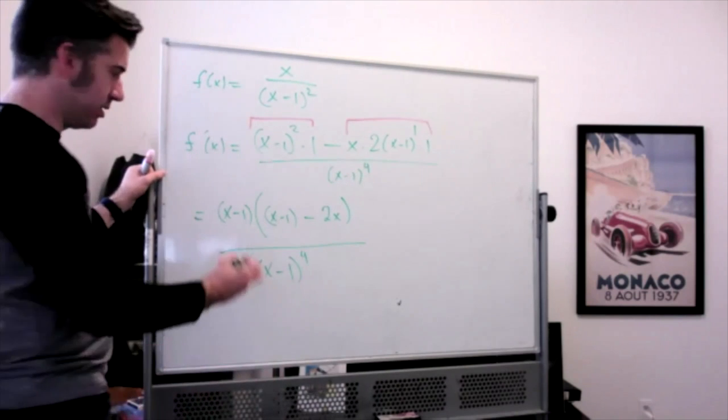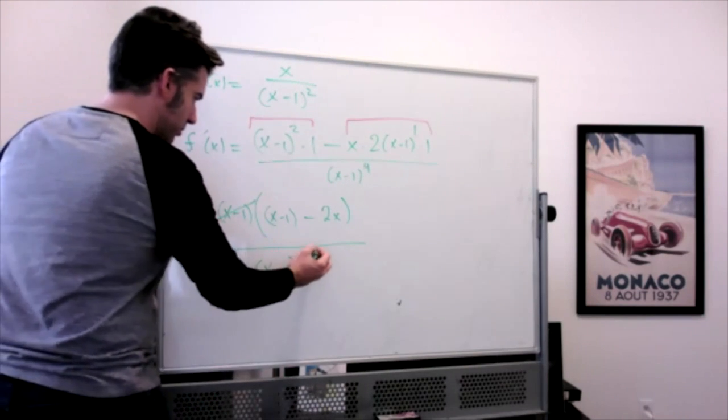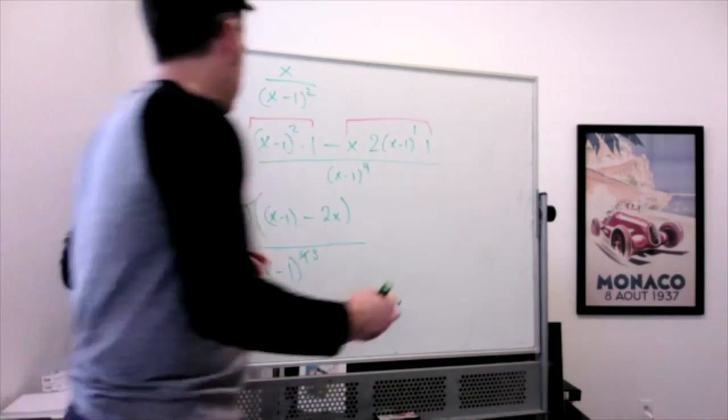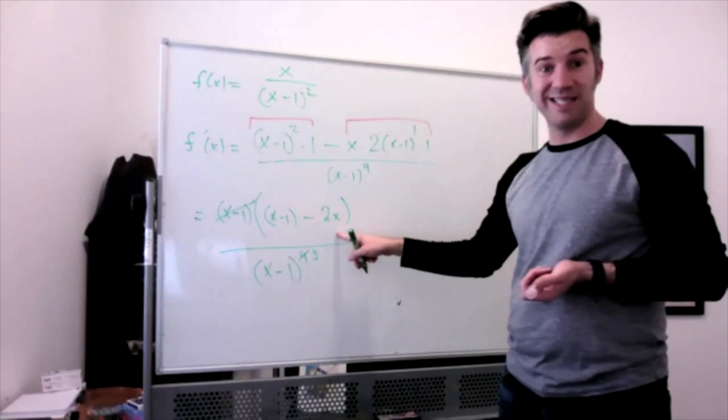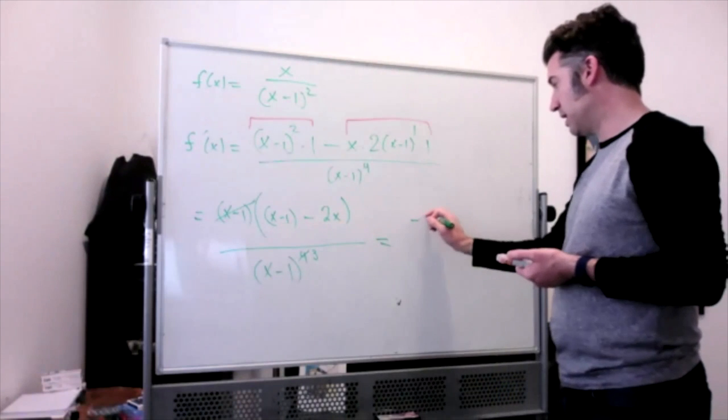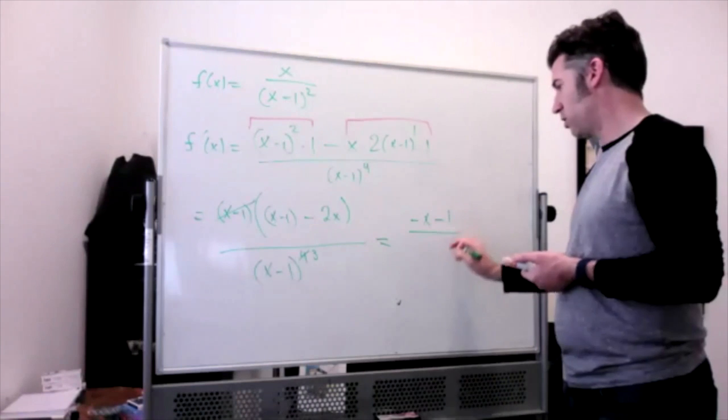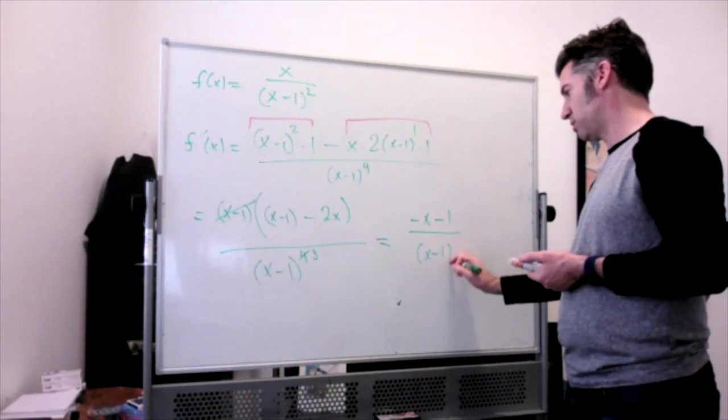And then I can cancel one of them. Simplifying the numerator, x minus 2x is negative x. So I get negative x over x minus 1 cubed.